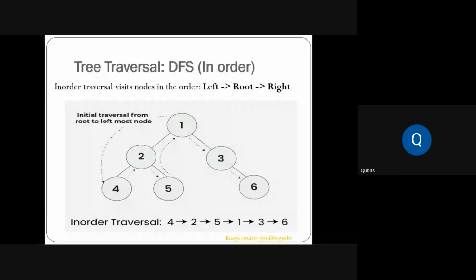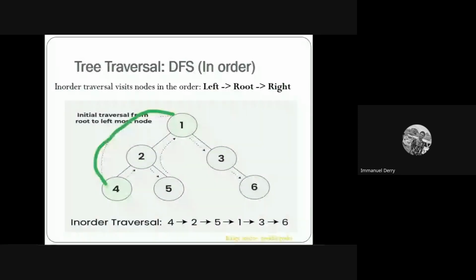So we have the left, root, right order operation for in-order traversal. So left, root, and then right. Instead of us starting from the root, we will start from the root order, but then we will not add the root's element. So here, and then move to this particular left, the leaf node.